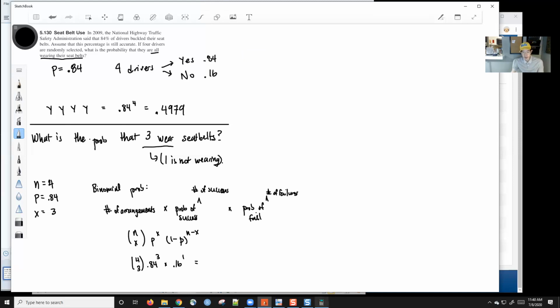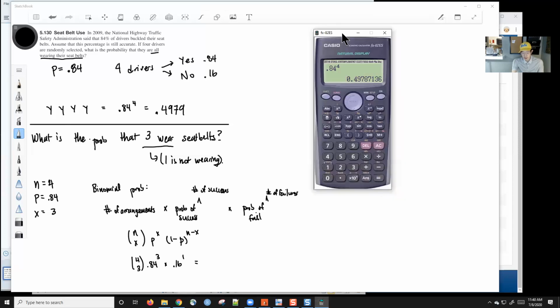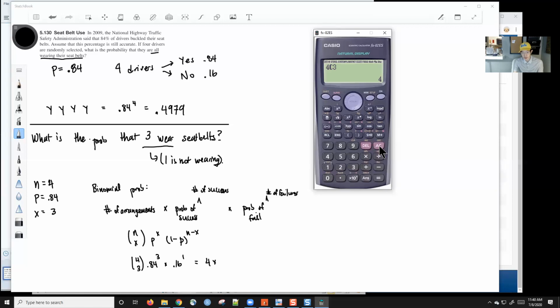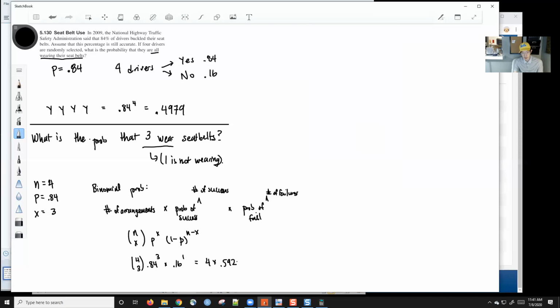All right, so on my calculator, I can do 4 choose 3 easily, and the answer is just going to be 4, but I can do 4 shift divide 4 choose 3 and I hit equal, and that's going to be 4 times 0.84 raised to the 3rd. 0.84 raised to the 3rd is 0.5927 times 0.16 raised to the 1 is this.